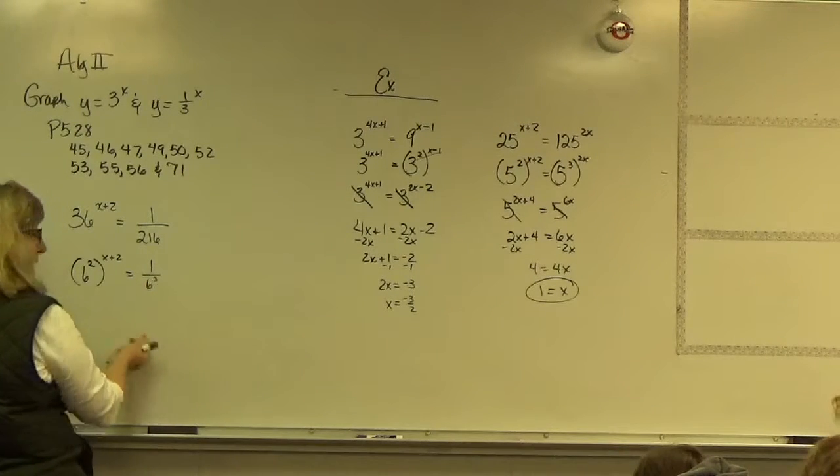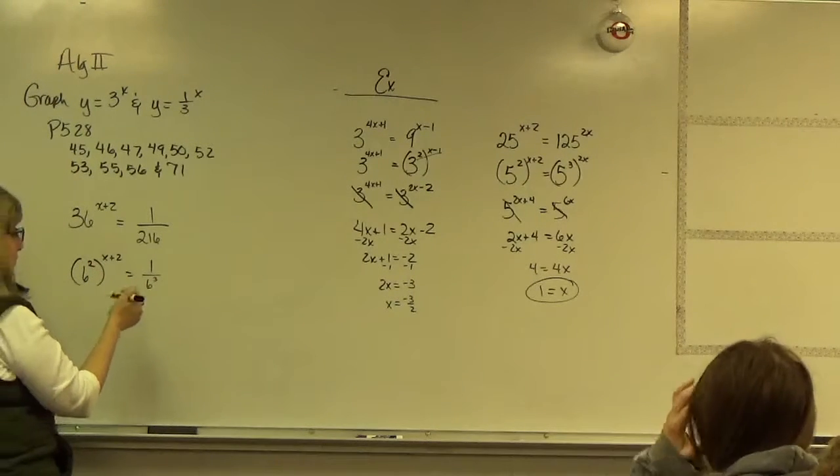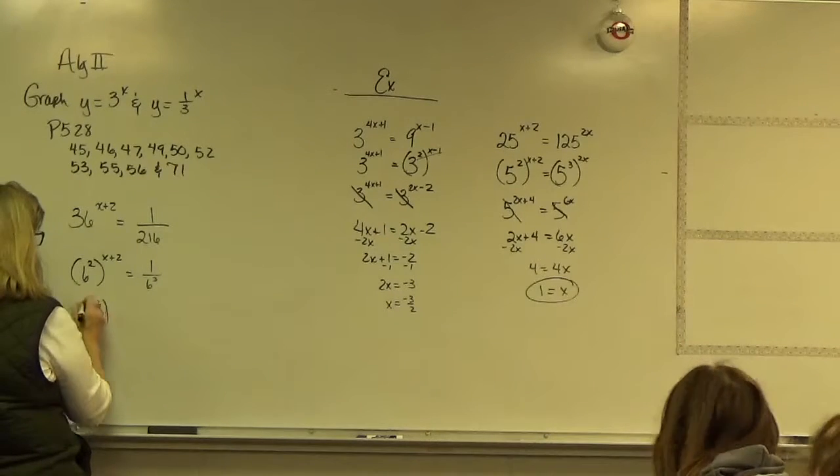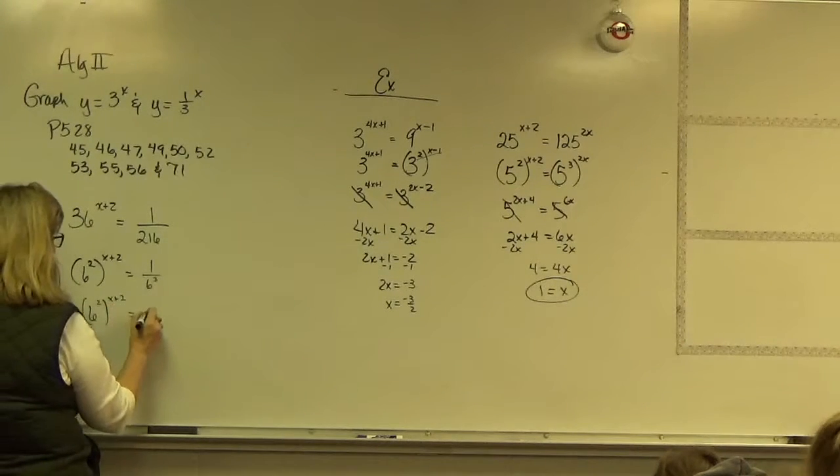But I need to have it up on top, right? So you make it 6 to the negative third power.